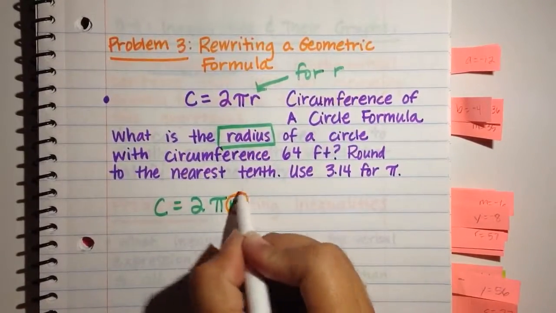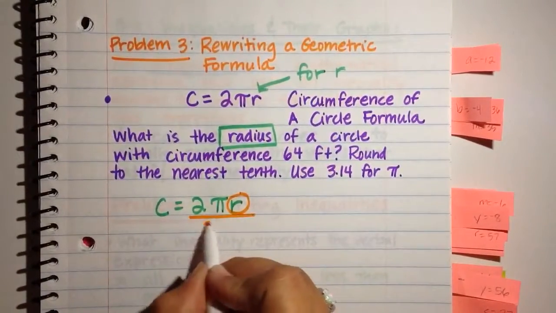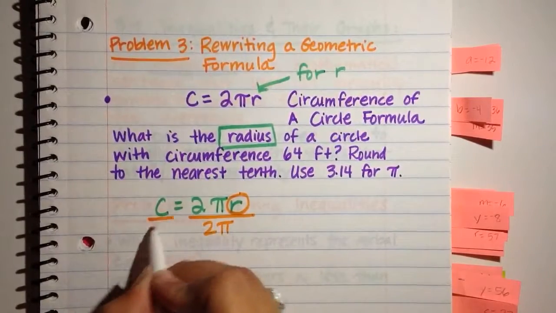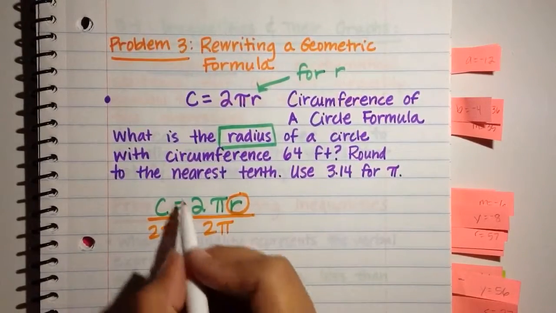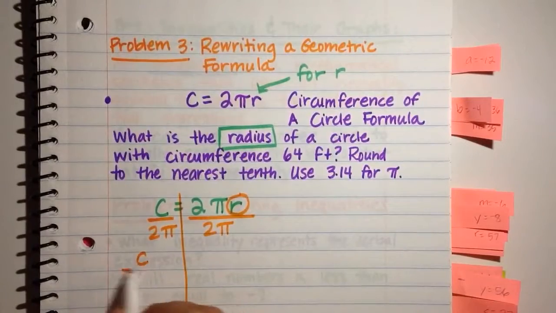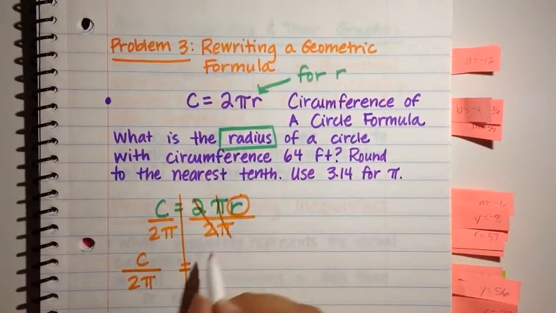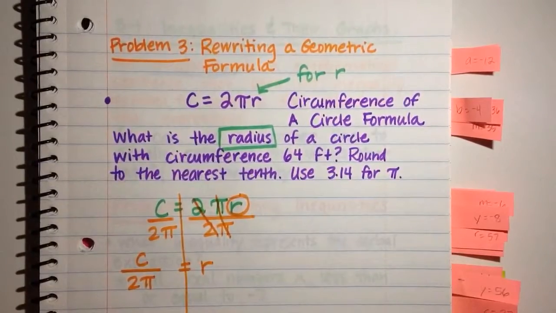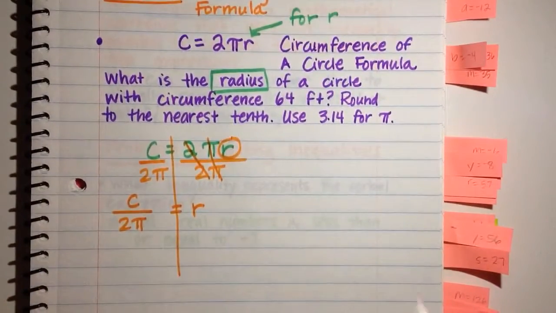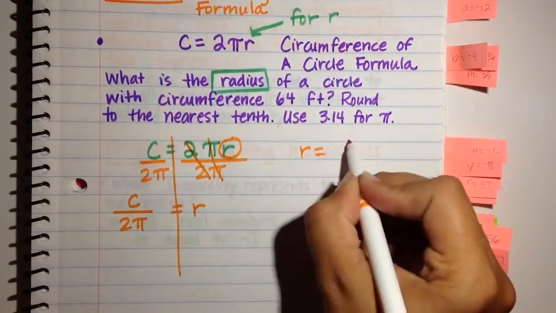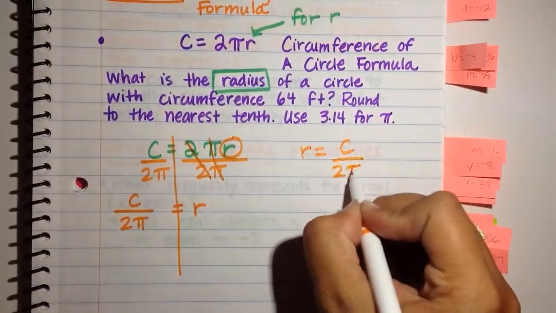What's happening to r? It's being multiplied by 2 pi, so we're going to divide by 2 pi. So I have C divided by 2 pi. The 2 and pi divide out, so I'm left with r on the right. So I've got the equation r is equal to C divided by 2 pi.